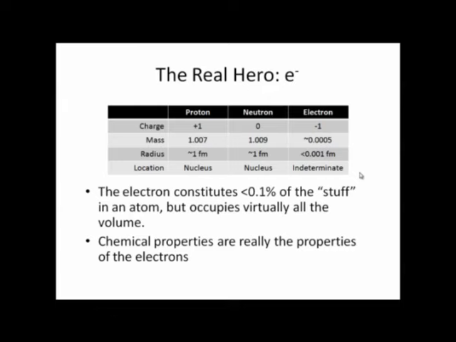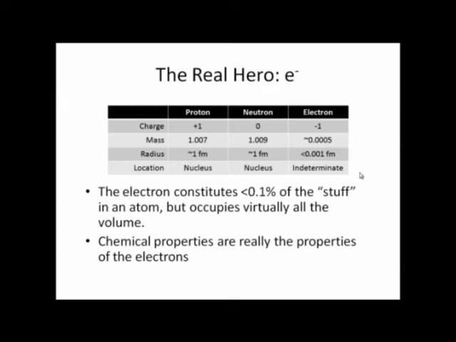And so electrons, despite being light and tiny, because of this property of occupying very large space through quantum mechanical properties that we're going to discuss as we go, the chemical properties of an atom are really the properties of its electrons.